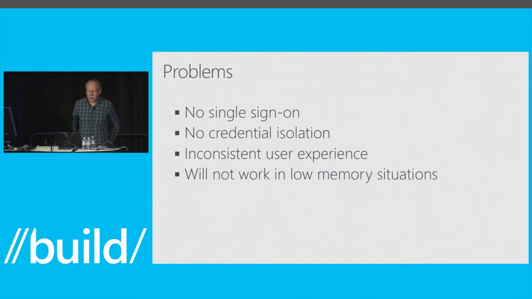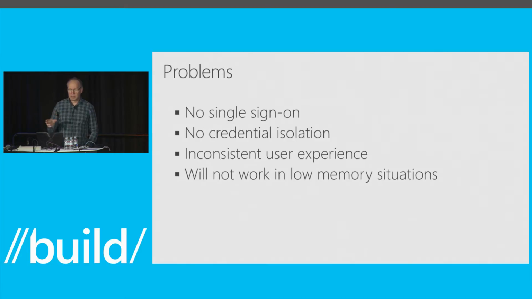So some of the issues that we saw with this is that every developer that did this kind of wing their own solution, which meant that if you had 3 apps that wanted to access your Twitter information, you had to sign in 3 times. Credential isolation is poor because typically the apps would render the service web pages in a web control that they hosted in their own process.